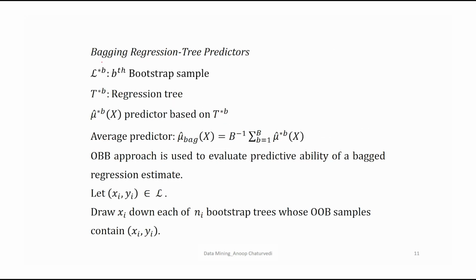Now, we consider bagging regression tree predictors. Suppose L star b is the bth bootstrap sample and T star b is the regression tree, and on the basis of this regression tree, which is based on the bth bootstrap sample, the predictor is mu hat star b x.